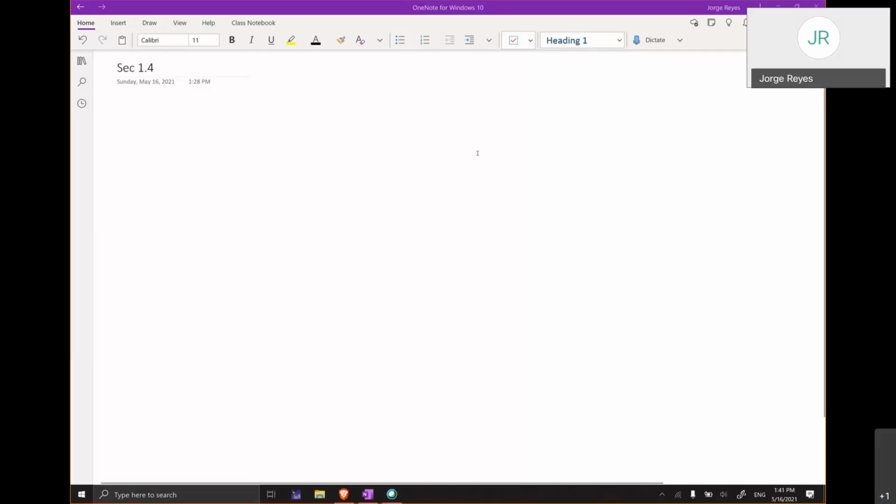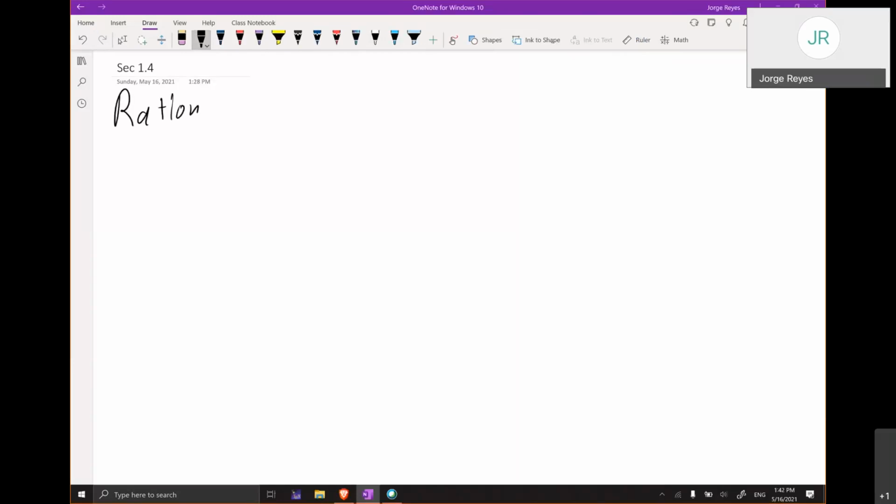Hello, class. Moving on with chapter one, we are now in section 1.4, which is about rational expressions. This is really related to rational functions, which is an entire separate section. Whenever you hear the word rational, like remember with the capital Q and the rational numbers, you should think about fractions.